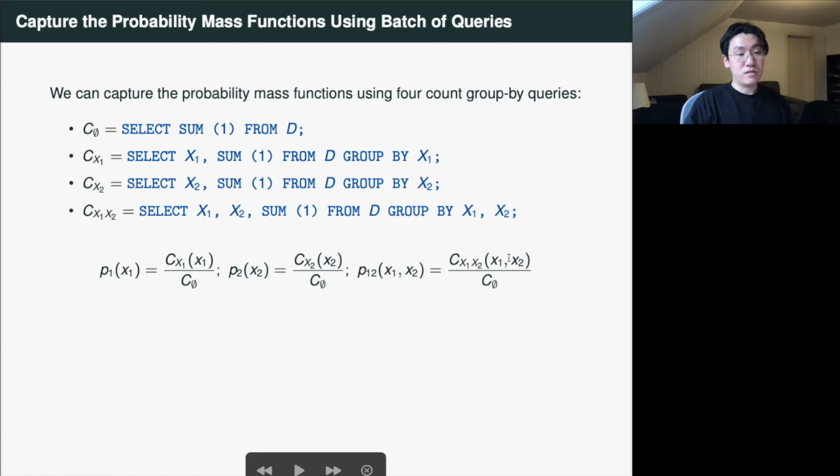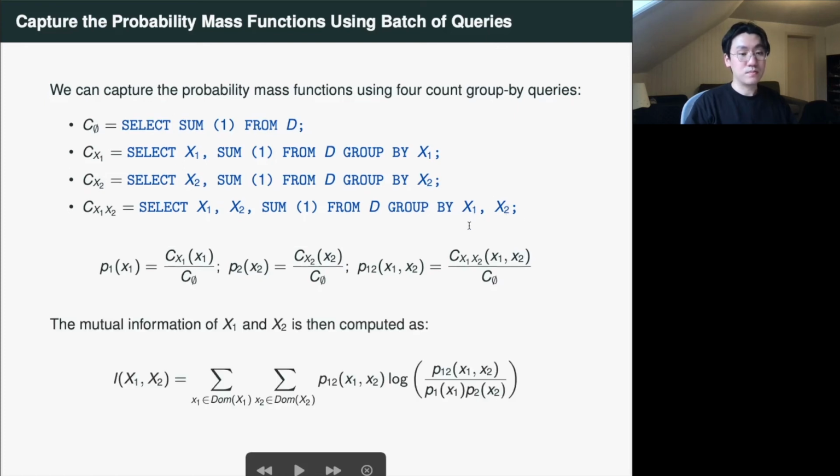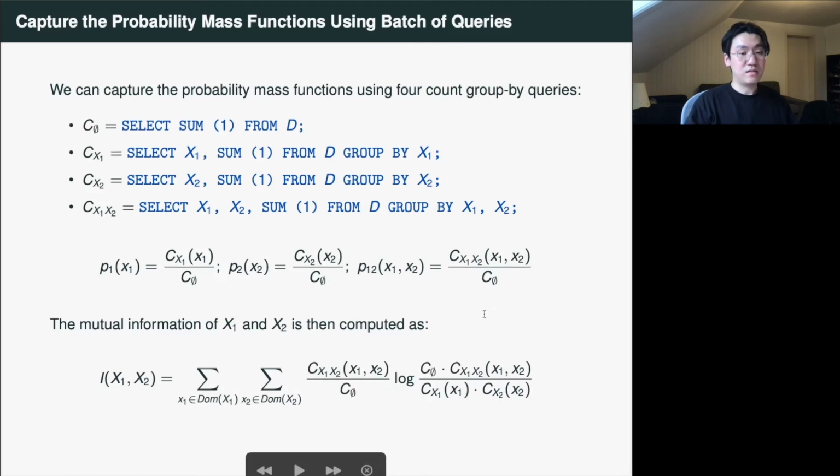To capture this, we have the last query, which is to group by both x1 and x2. Now let's look at the formula for computing the mutual information. If we replace the probability in the formula, we can get this formula. This is how we capture the computation of mutual information using database queries.